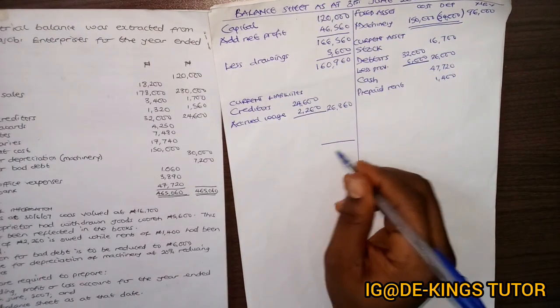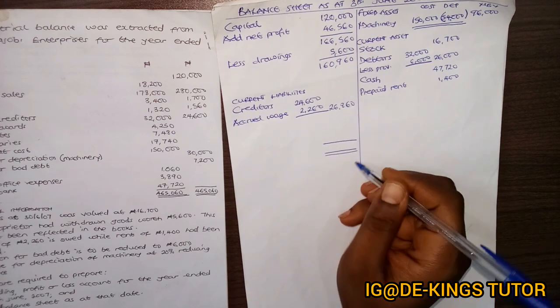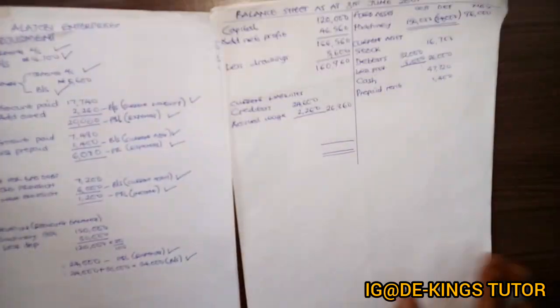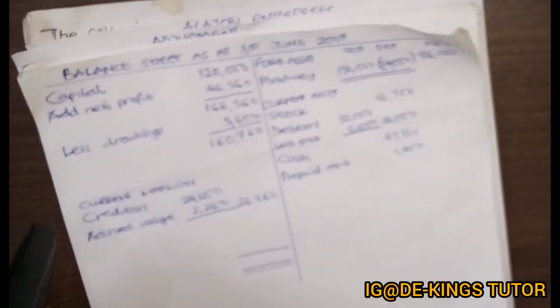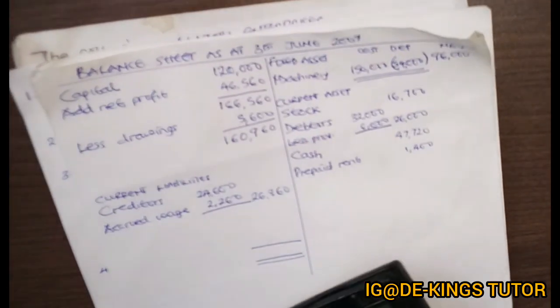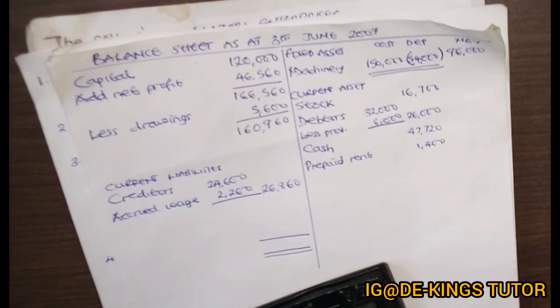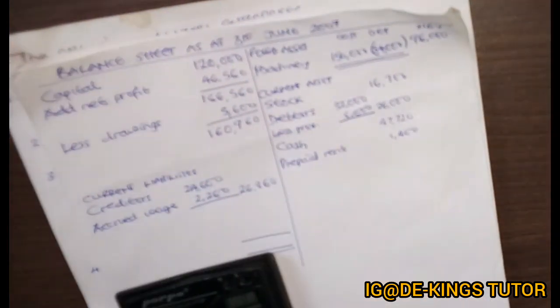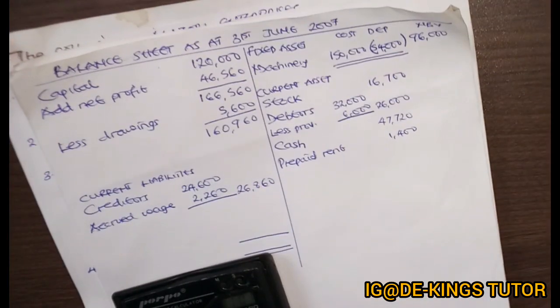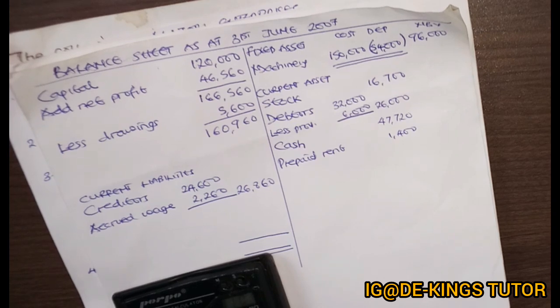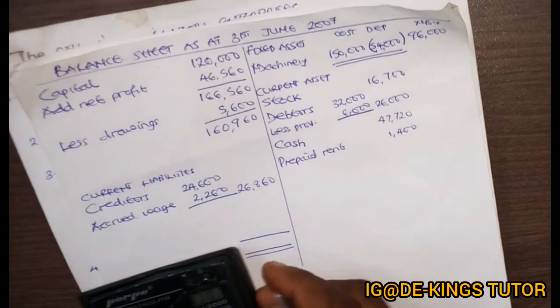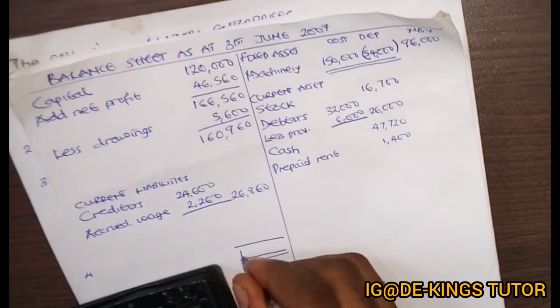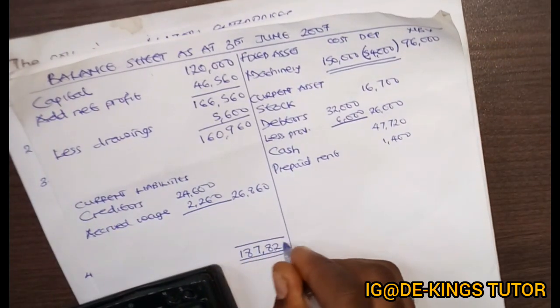If we add up now, 160,960 plus 26,860 is equal to 187,820.